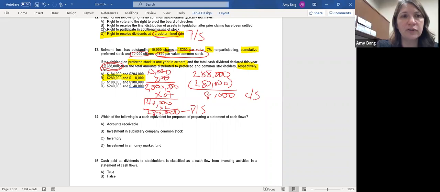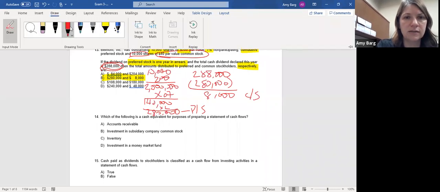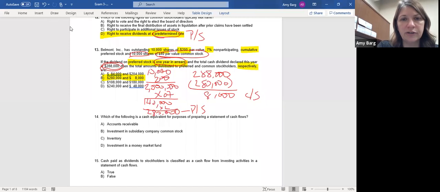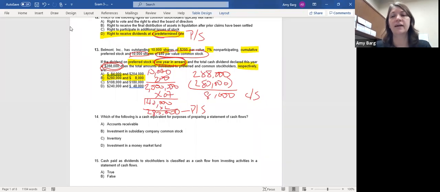So it says that the preferred stock is 1 year in arrears, which means that, for preferred stock, you don't have to issue dividends. They're not making you issue dividends, but when you do issue dividends, this is how much you owe the preferred stockholders first.